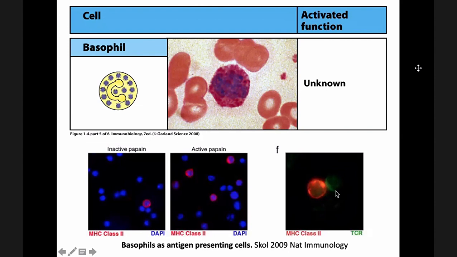If you stain for TCR, the maximum staining of this TCR is towards the side of this basophil. And this process is called cupping, the formation of the immunological synapse.